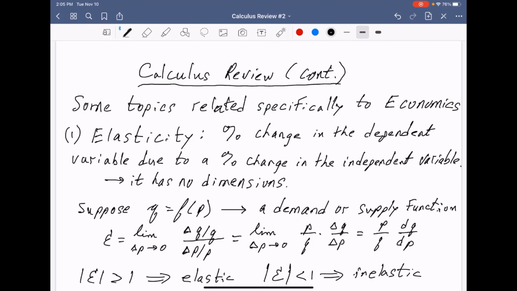So let's suppose that Q is a function of P. So quantity is a function of price, in which case we either have a demand or a supply function. We're not interested in which is which at this point.